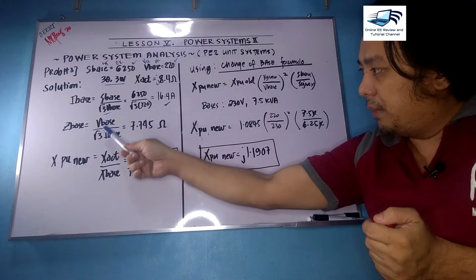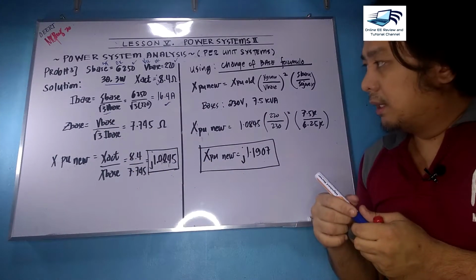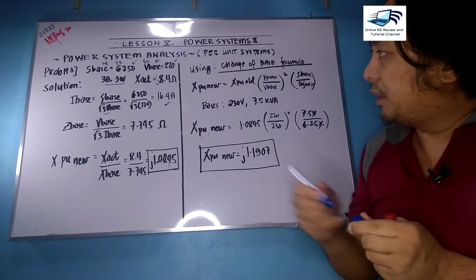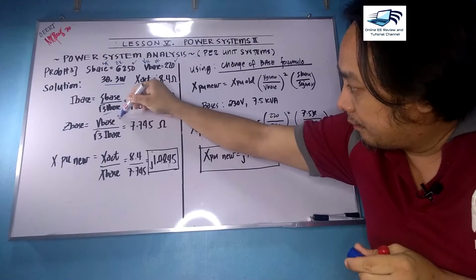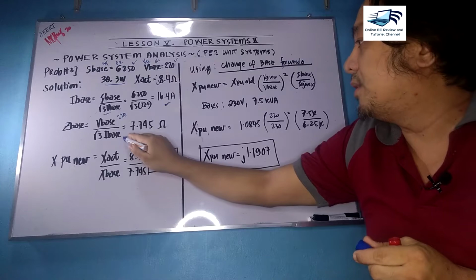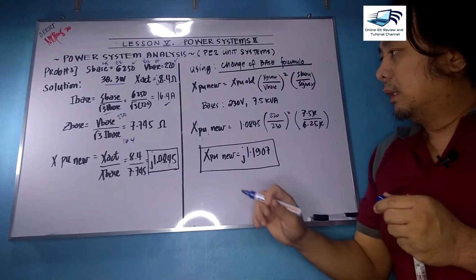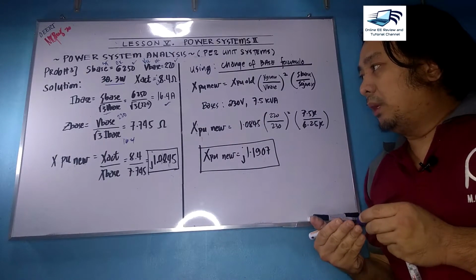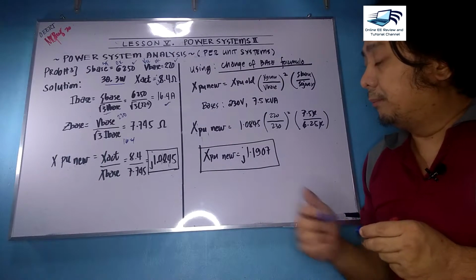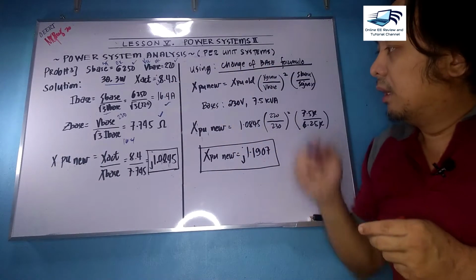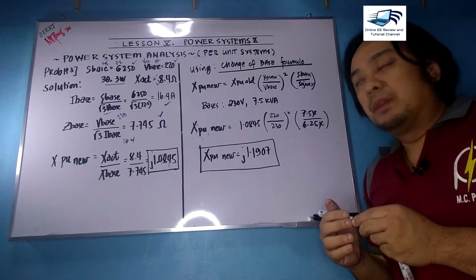Now we need to get Z base here. So Z base is V base over square root of 3 times I base. V base is already present here as 220, your I base is 16.4, and then square root of 3. So manipulating this equation, we have 7.745 ohms.